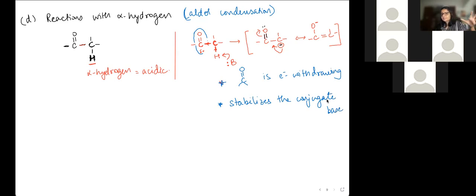Remember the conjugate base we were talking about? In an acid, if you remove the H plus, what is left, this particular anionic structure, is the conjugate base. Because this is stabilized by the electron displacement, with oxygen pulling on these electrons and forming a double bond, and there's a constant movement of electrons, it doesn't mind losing the hydrogen. It's just gaining more stability in that context. So that is why the alpha hydrogen is acidic.